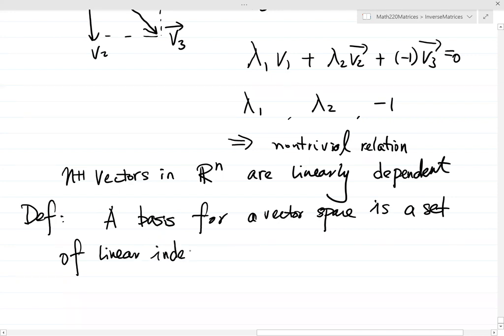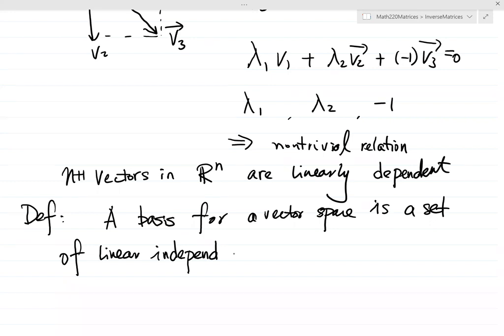If we have too few vectors, they span too small a space, so this does not form a basis. If we have too many vectors, then there may be relations between them, so there is redundancy, and this is not a basis either. To be a basis, we need to make sure, first, that it generates the space, and second, that it is linearly independent.